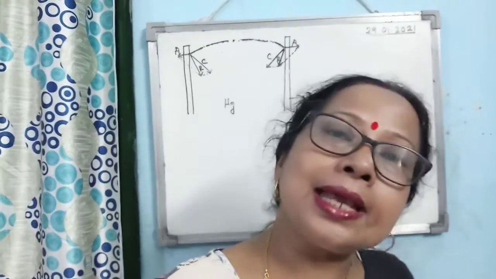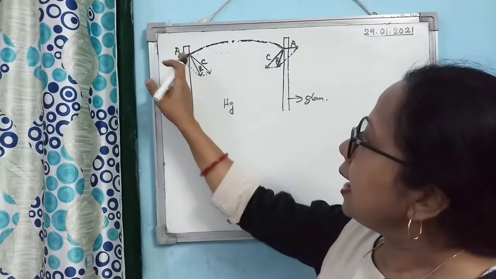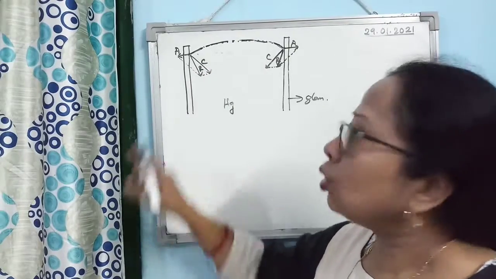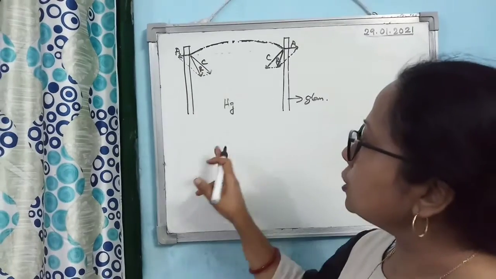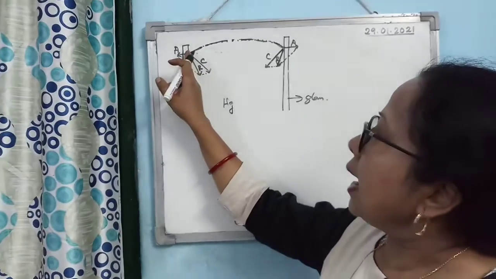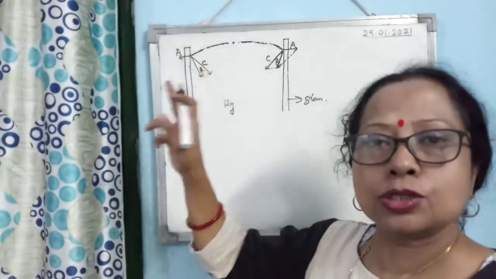So just like the previous case, in this case also, what should be the first point written? Adhesive force is less than cohesive force. Second point, the resultant is acting as shown in the diagram. Third point, as the surface is perpendicular to the direction of force, the force has no effect.